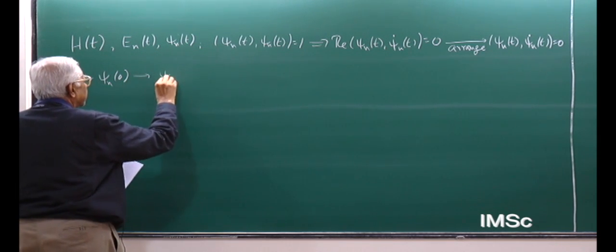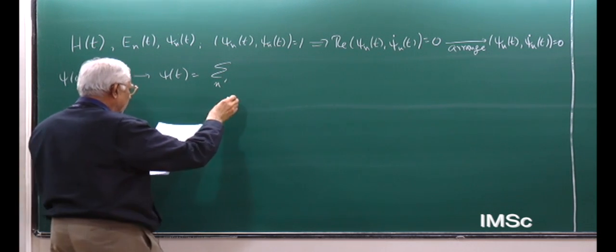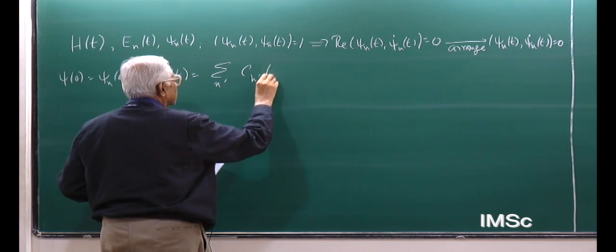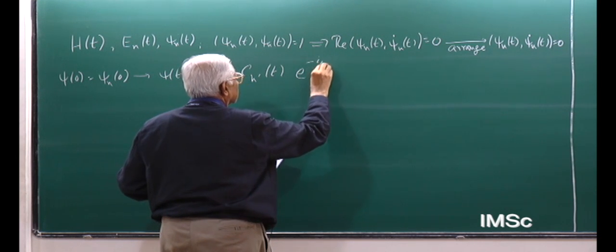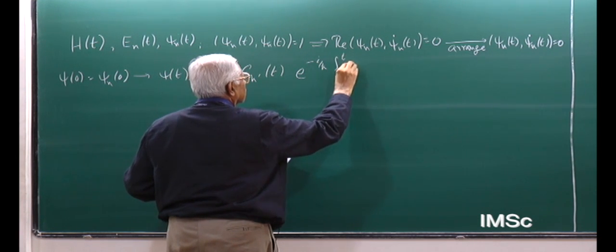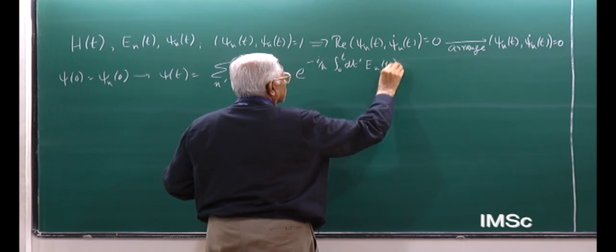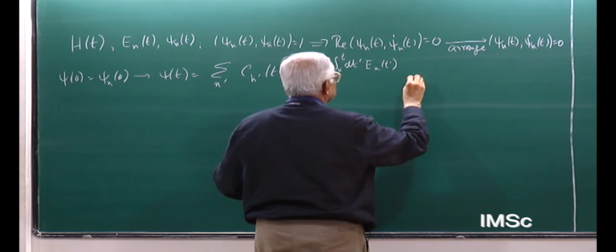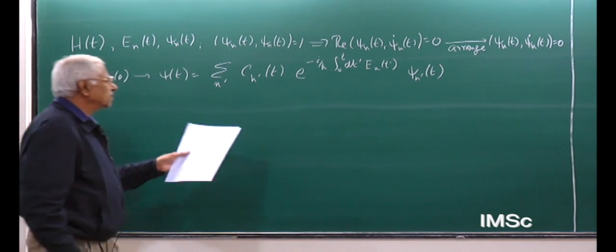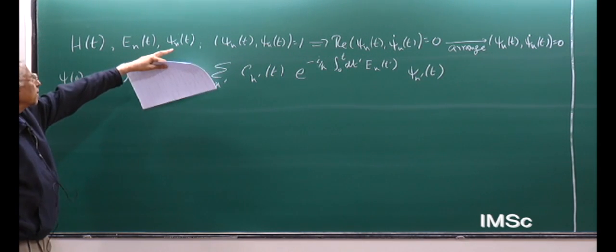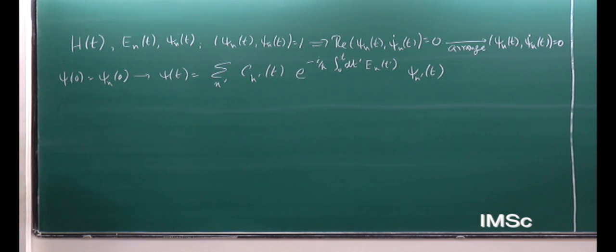And supposing we expand the solution in the way I am writing now, which can always be done because at each time the set of all psi n's is a complete orthonormal set.